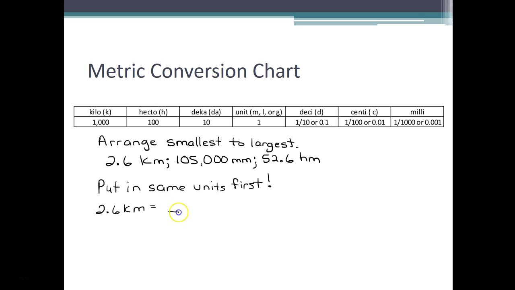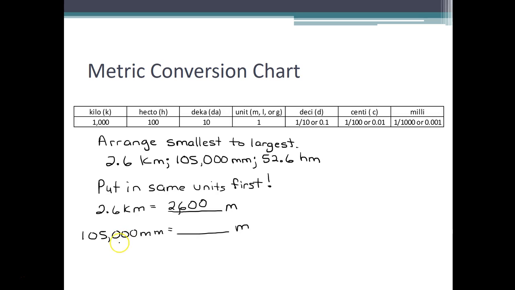So let's take 2.6 kilometers first. I'm just going to put them all in meters, just for the heck of it. So kilometer, I got to hop 1, 2, 3 to the right to get to meters. So the decimal goes 1, 2, 3 to the right. So that's how many meters I got. Then 105,000 millimeters. I'm going to do the same thing. I'm going to just put it in meters. Put everything in the same units. So milli, I got to hop 1, 2, 3 to the left.